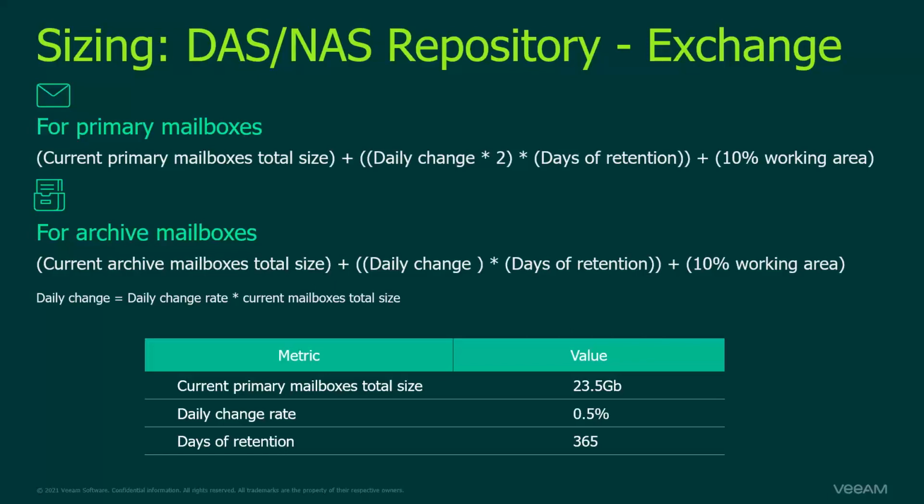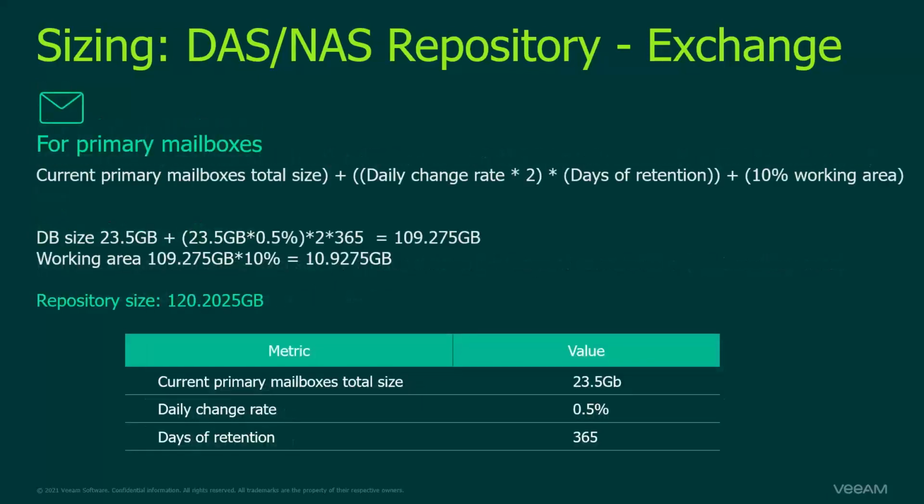So we take all this data, multiply it, and we get that we'll need 110 gigabytes for the DB and around 10 gigs more for working area, which brings us from 25 gig to 120. It's good to keep in mind when you're running the sizing, when you're trying to estimate the value of it.